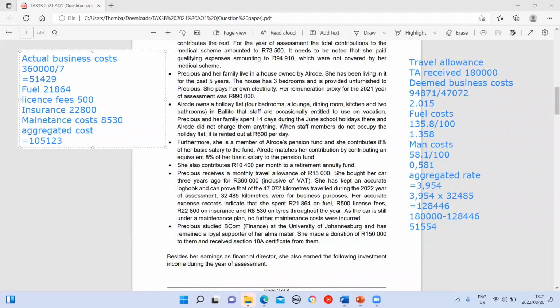105,123. Now, what I want to do with this 105,123, remember in terms of our actual business costs, we multiply them by our business kilometers over our total kilometers. So our business kilometers is 32,485 divided by 47,072.